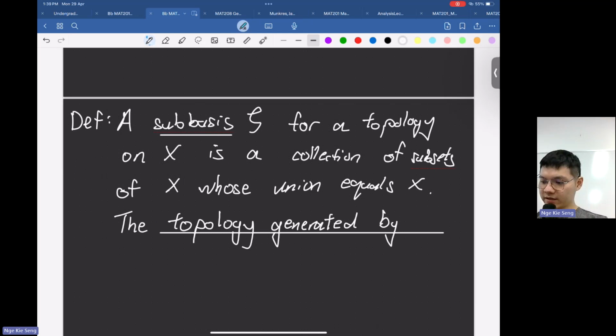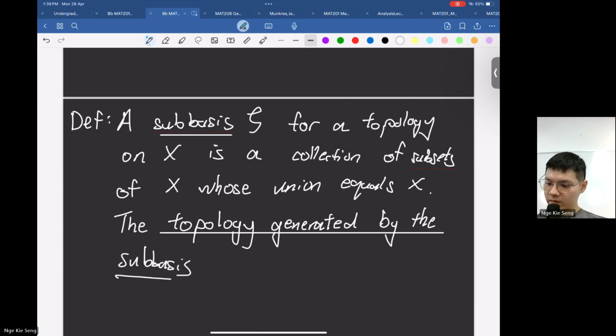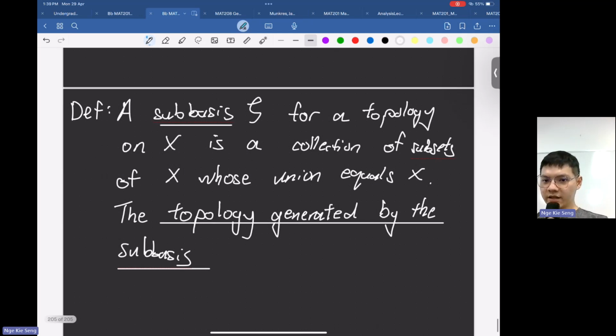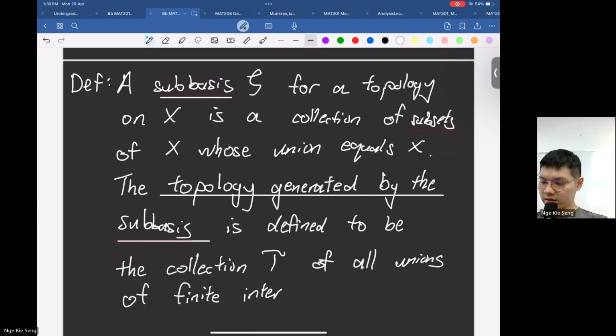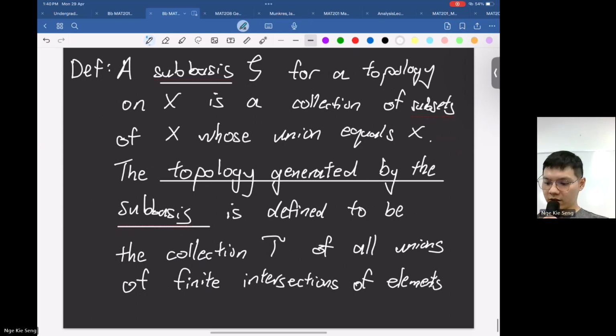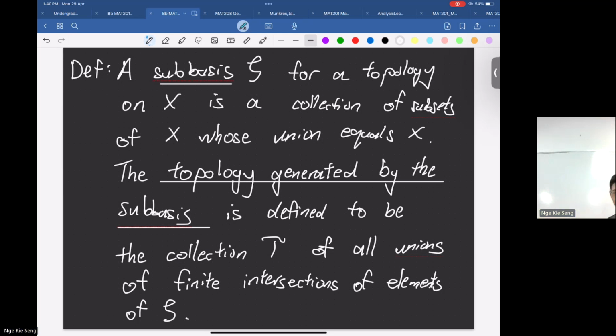The topology generated by this sub-basis is defined to be the collection T of all unions of finite intersections of elements of S. Meaning you have a sub-basis, all the elements there, you can take their finite intersections. Finite intersection of open sets should be open. And you can take union of them.